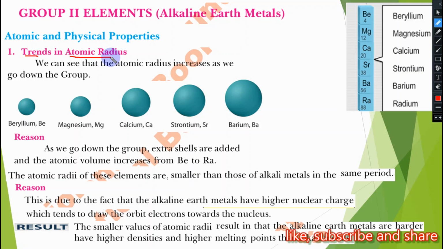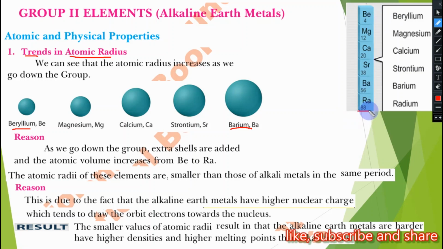As we go down the group in the alkaline earth metals, from beryllium to barium, the size of the atom increases, as you see here. This is beryllium, magnesium, calcium, strontium, and barium. The alkaline earth metals consist of these elements, starting from beryllium to radium.